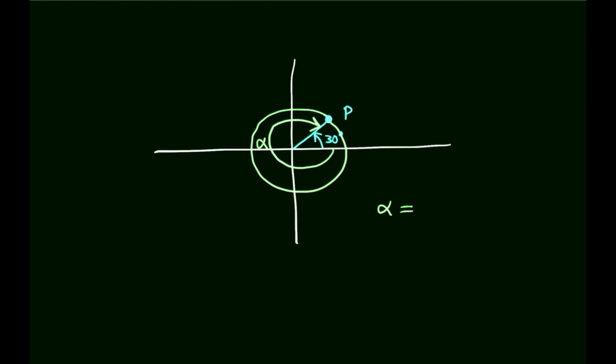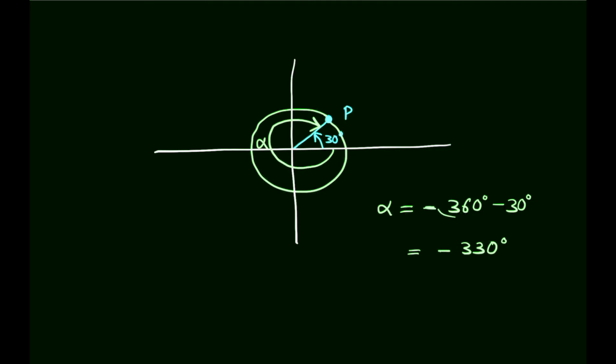Therefore, alpha will be equal to 360 degrees minus 30 degrees, which is equal to 330 degrees. But because alpha is the clockwise angle, we have to write a negative sign in front of it.